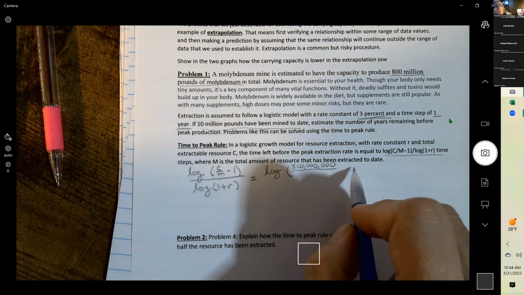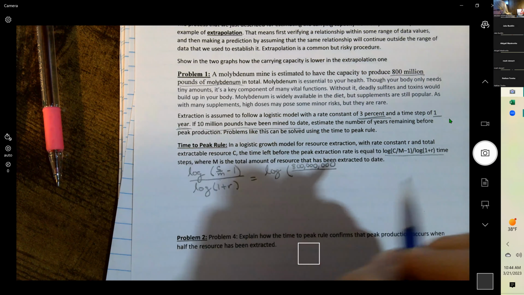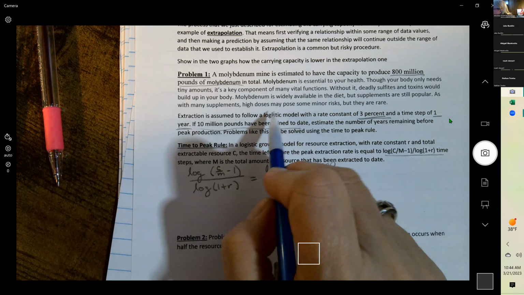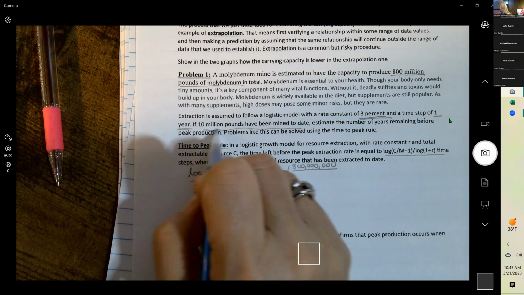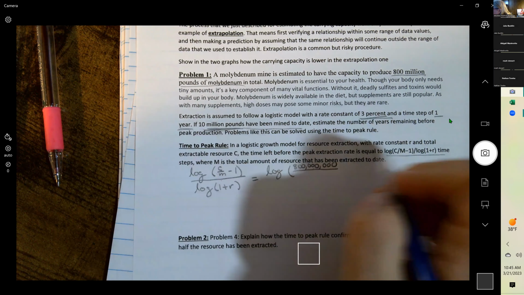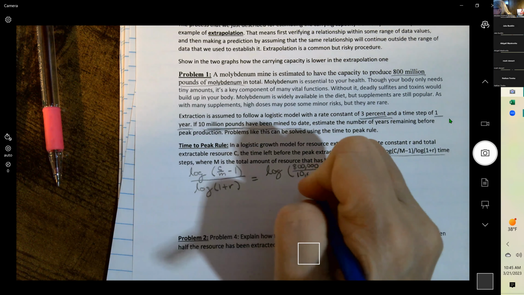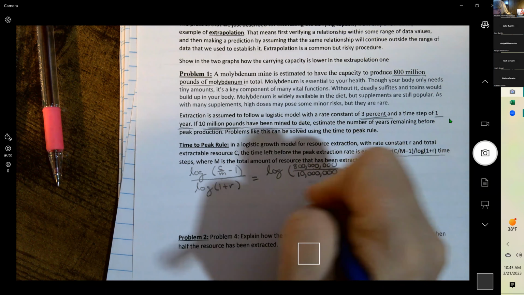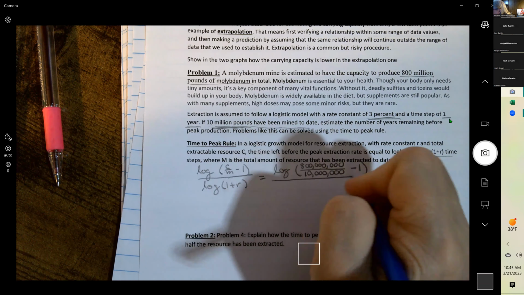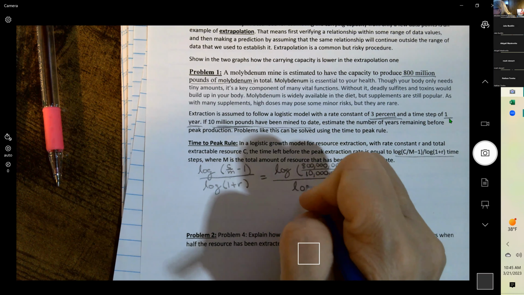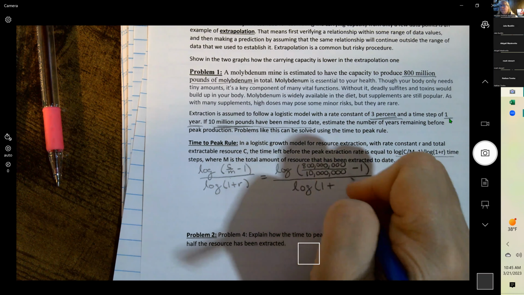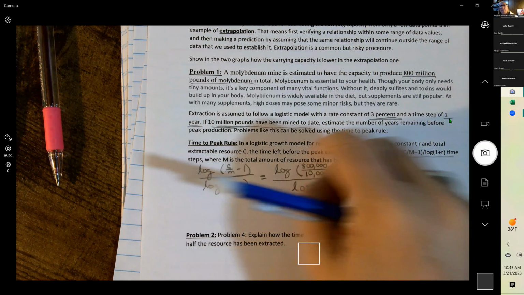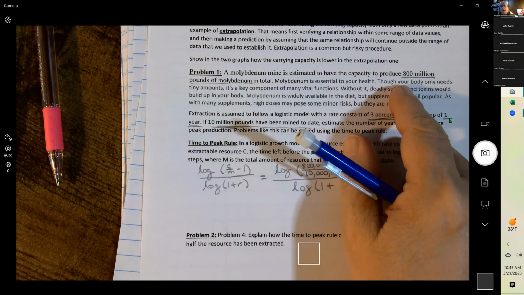So how much did they extract? Of the 800 million, 10 million has been extracted. So C was the total amount we had, and they said that was 800 million.